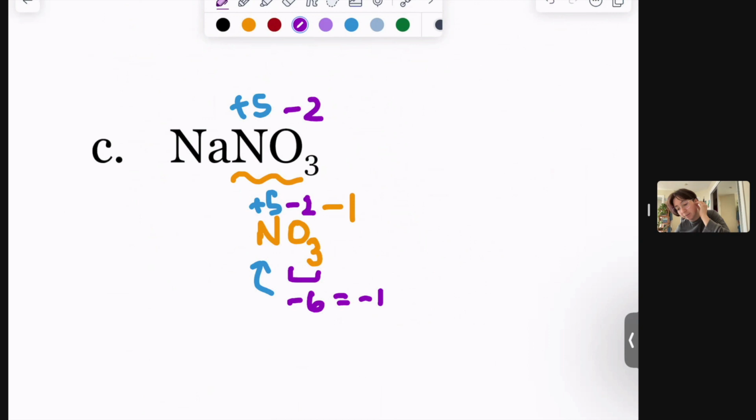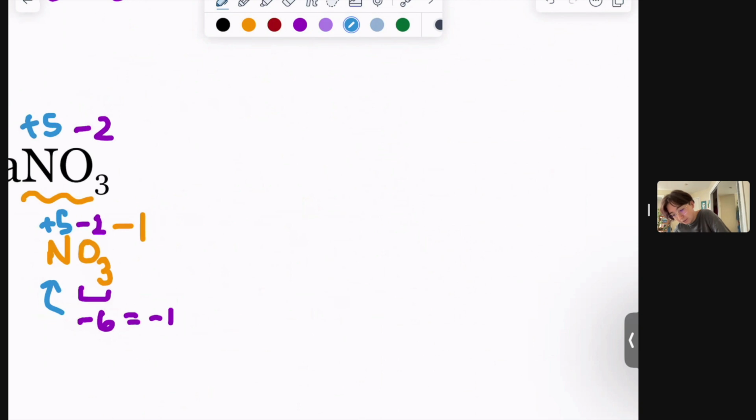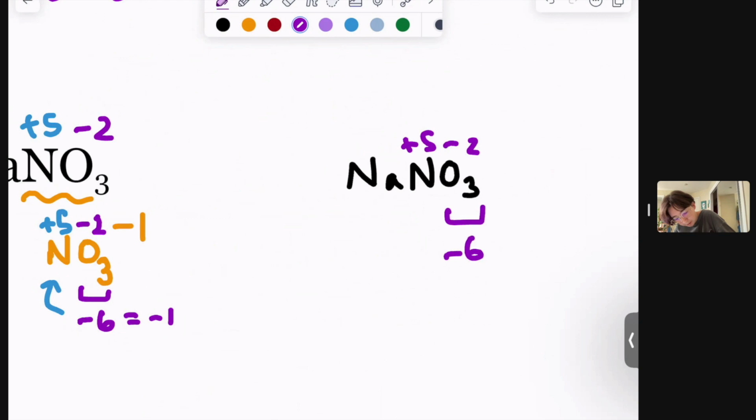And then to figure out sodium, there are two options. Either you could do each element by itself and then it sums to 0. So I'll show you that one first. Here, I'll write it off to the side. You could do, okay, I got -6 and I got +5 and it has to equal 0. So my sodium must be +1.